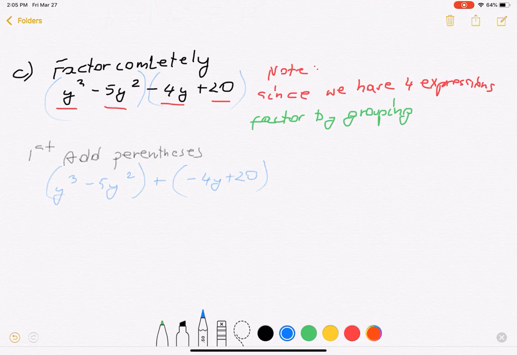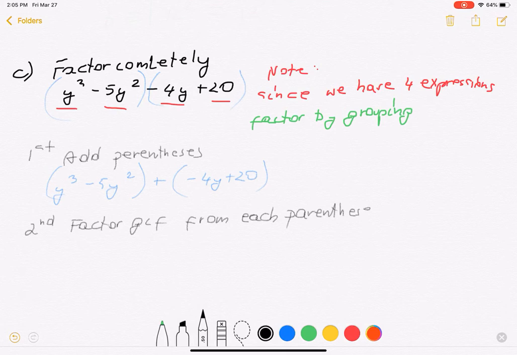When we have that, next, second, factor the GCF, greatest common factor, from each group, which means from each parenthesis. So we have y to the third power minus 5y squared.